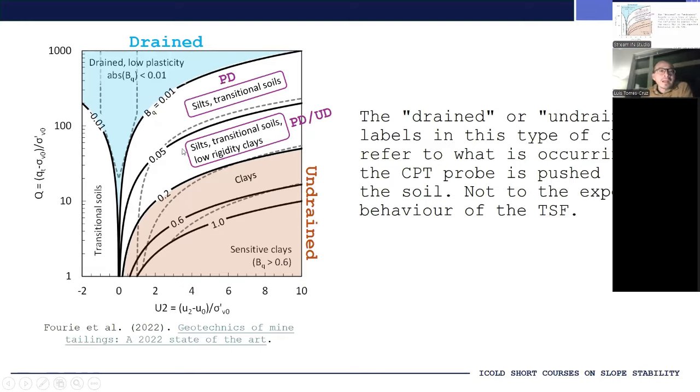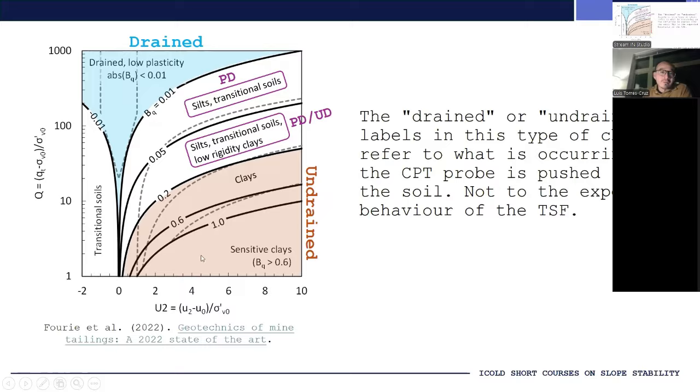So I just want to clarify that when something falls here, let's say on the drained area, it doesn't mean that the soil is drained or that it will always exhibit drained behavior. It simply means that during the cone penetration test, it exhibited drained behavior.